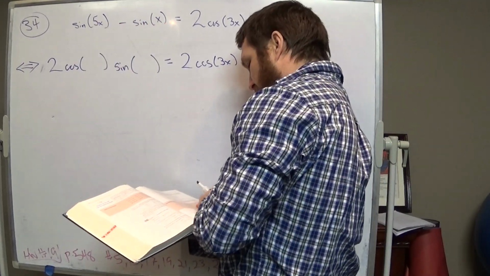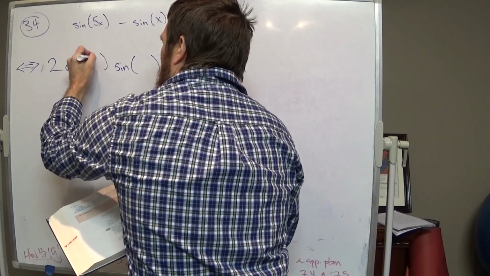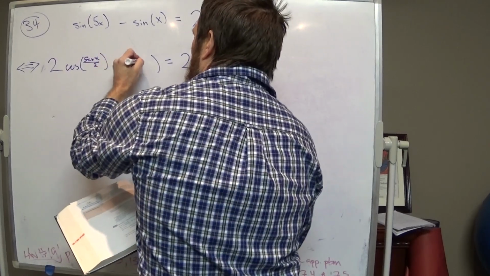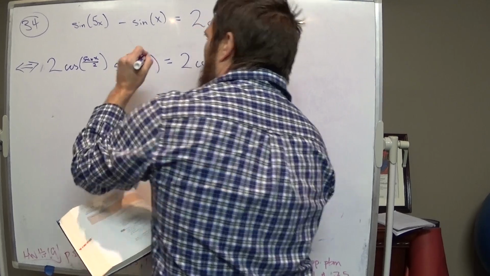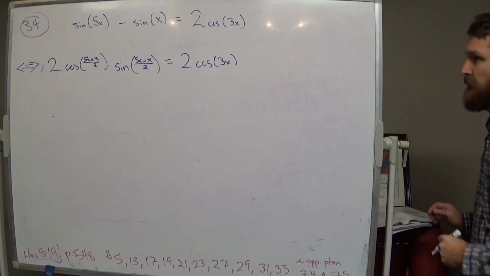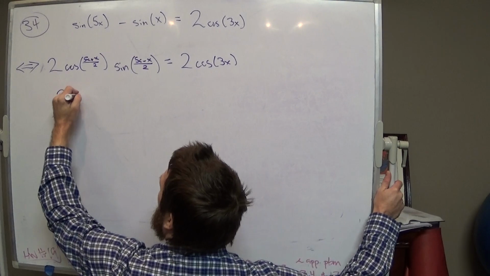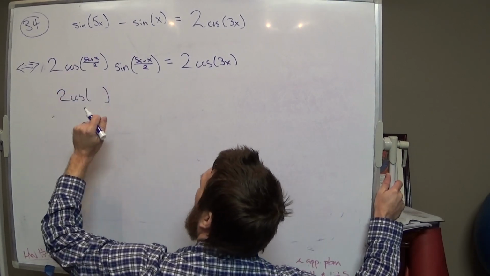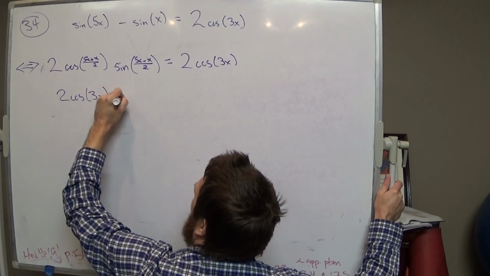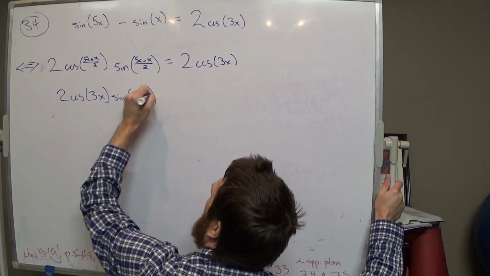So I'm going to get my A plus B over 2, so 5x plus x over 2. And then in my sine goes the difference, 5x minus x over 2. That's not so bad. So this is the same thing as 2 cosine 3x. This is sine 2x, because 4x over 2 is 2x.